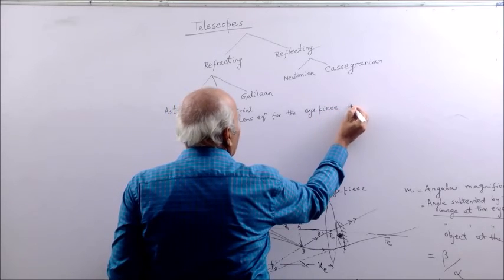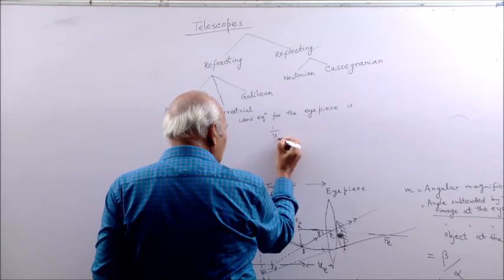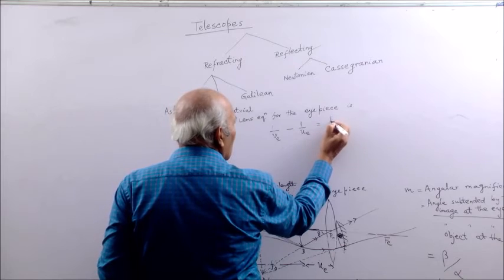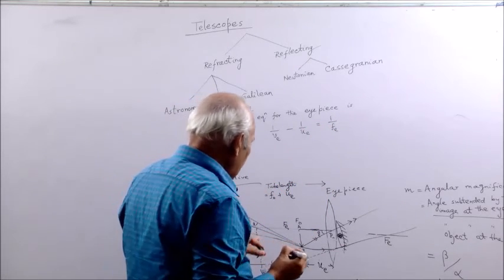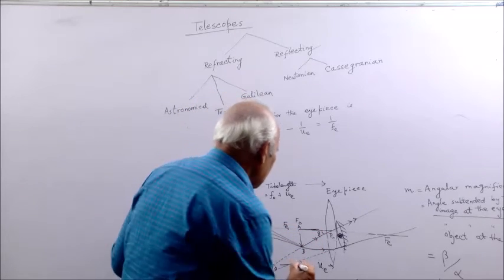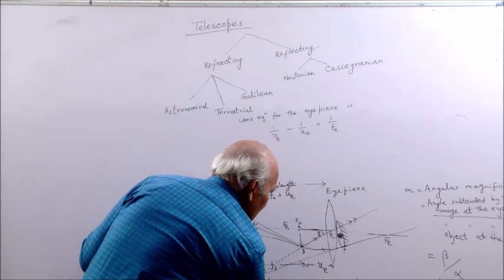The eyepiece is 1 by VE minus 1 by UE is equal to 1 by FE. And here your VE is nothing but capital D, that is your least distance of distinct vision.